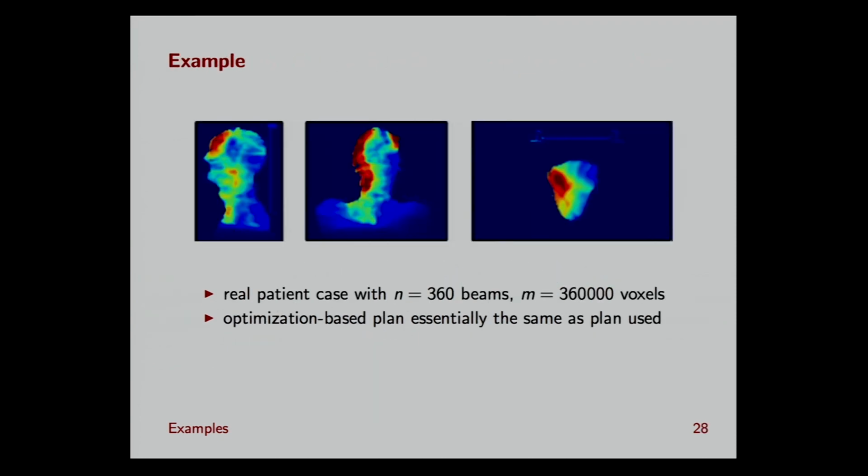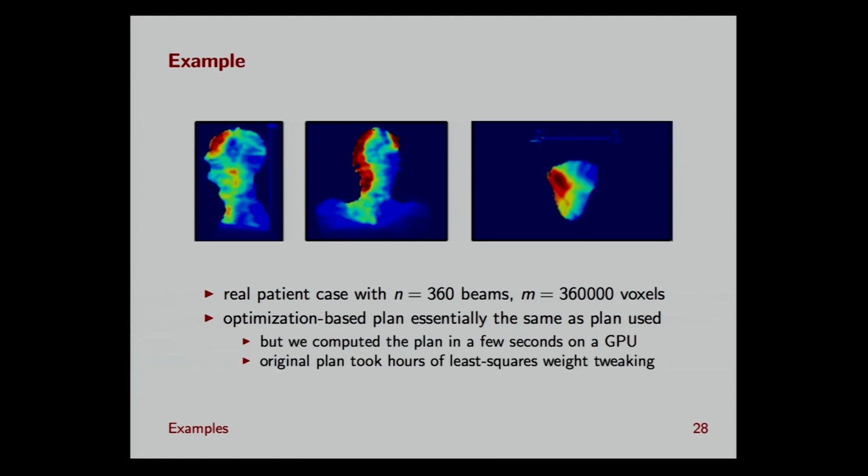They were identical, or within, I guess they'd say, therapeutically equivalent. So a radiation oncologist would look at both and say, okay. But that was kind of interesting. This just came out in a few seconds on a GPU. It's a small problem.